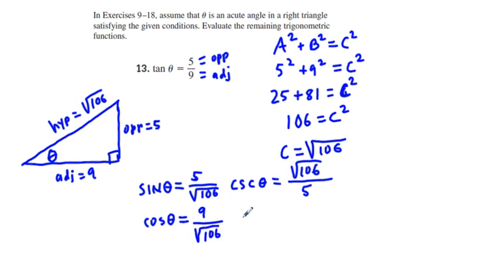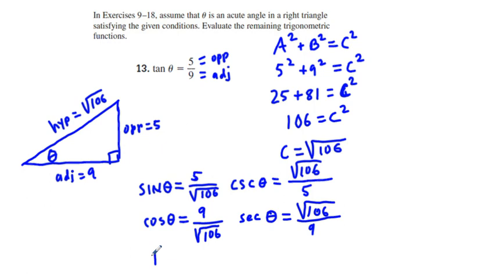And our secant is going to be a reciprocal of cosine, which is going to be now square root of 106 over our adjacent side, which is 9.